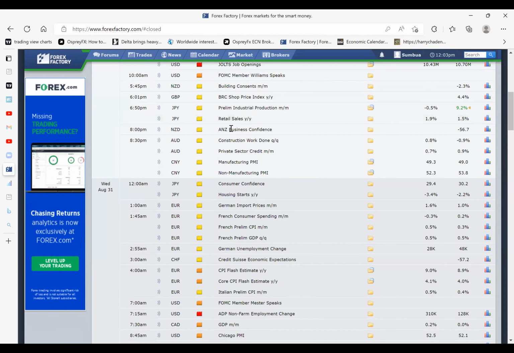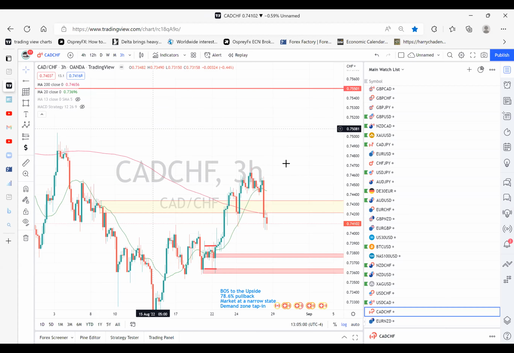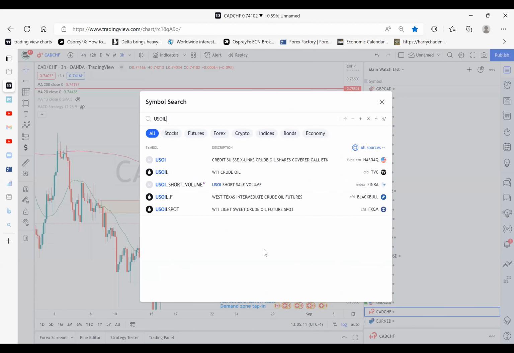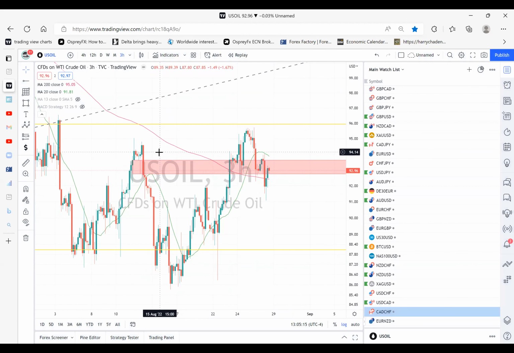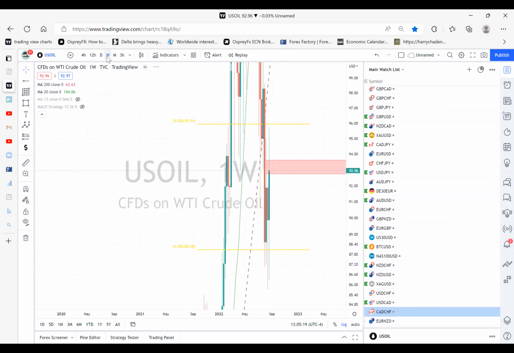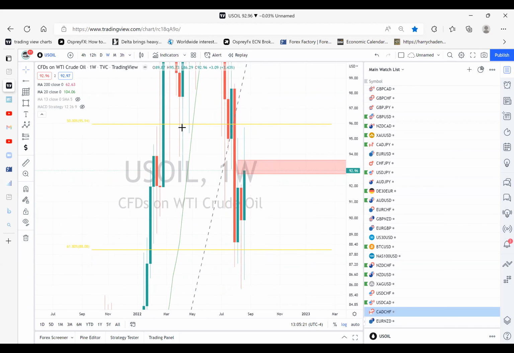All right, so basically, I think we've seen enough. Does anybody want to see anything else? Want to look at anything else? The oil setup looks pretty tempting to me. Very tempted. You got this bullish order block on the week.